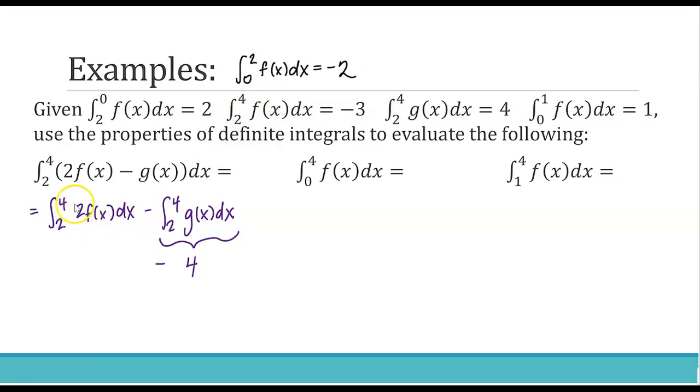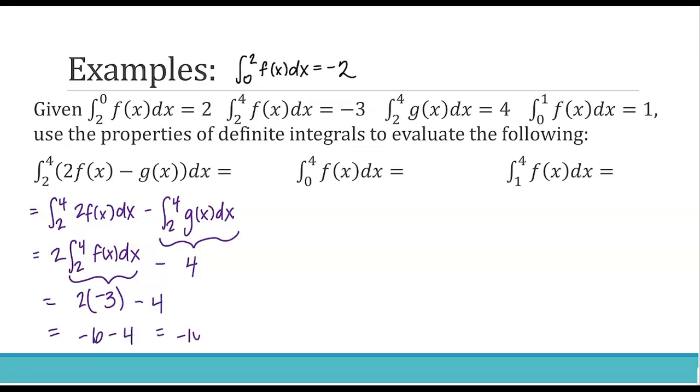So what I have to do is use another property of definite integrals that tells me I can pull this 2, because it's a constant, out of the integral. And now I have exactly this quantity, the integral from 2 to 4 of f of x dx. That can be replaced with a -3. And then we'd bring that 2 on down, and we'd bring the 4 on down. So we end up with 2 times -3, which is -6, minus 4. So we end up with a quantity of -10.